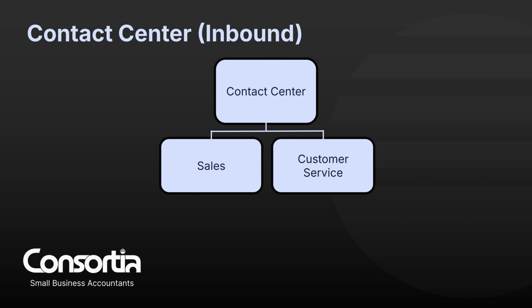In other words, from our existing clients. They just need help and assistance or have questions, and so on and so forth. So the contact center is what determines which one it should go to. And so, of course, sales takes care of sales calls. Customer service, which we call client care in our office, is how we take care of our customers.